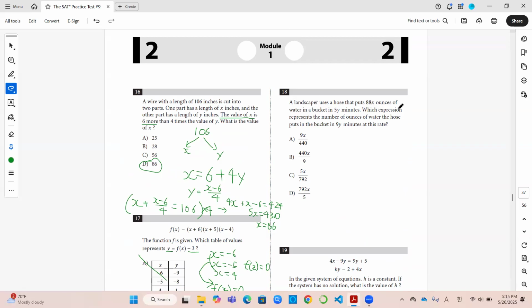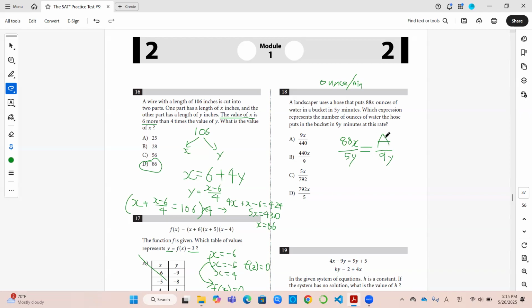So since it's a rate problem, I'm going to see a form like ounces per minute. So I'm going to go ahead and write 8x divided by 5y, which is equal to some sort of unknown a divided by 9y.